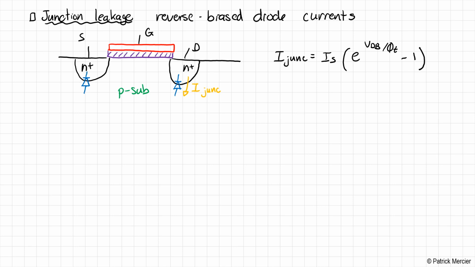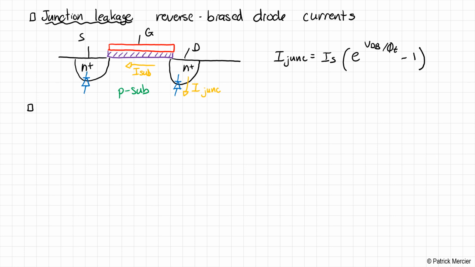Now it turns out that these currents aren't super big. We tend to be more dominated by the subthreshold current that's flowing through the channel. So when we're doing hand analysis, we typically don't worry too much about junction leakage. I just want to introduce it to make sure everybody knows about it.